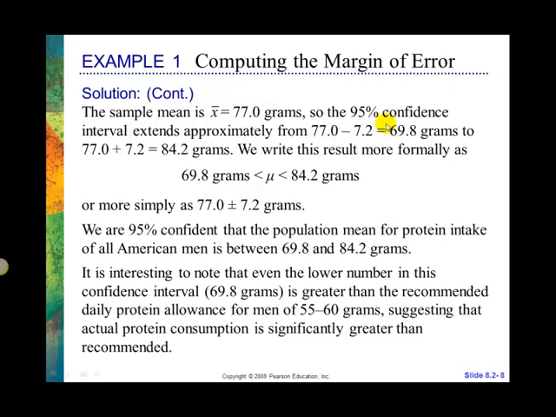We had that 7.2, we subtract it from 77, we get 69.8. We add it to 77, we get 84.2. So what we're saying is that we are 95% confident that the population mean for protein of all American men is between 69.8 and 84.2 grams.